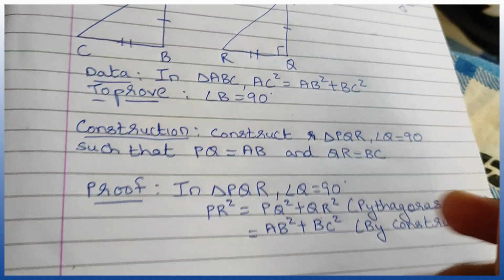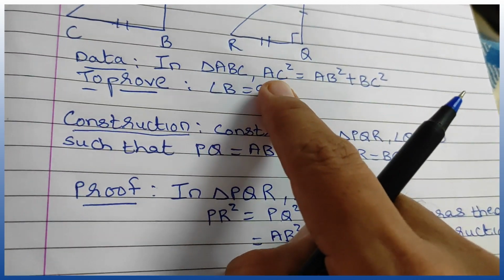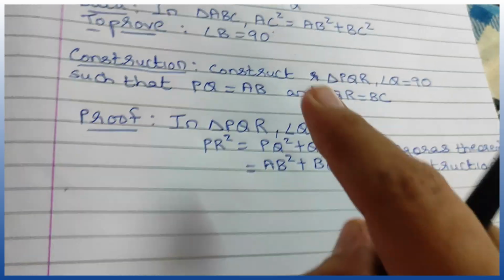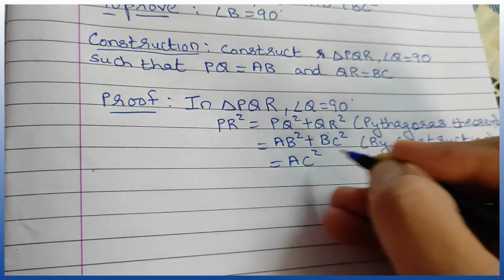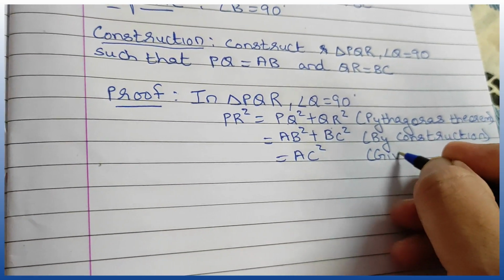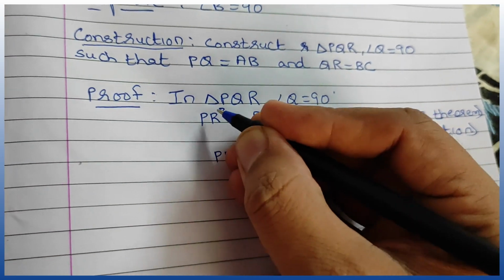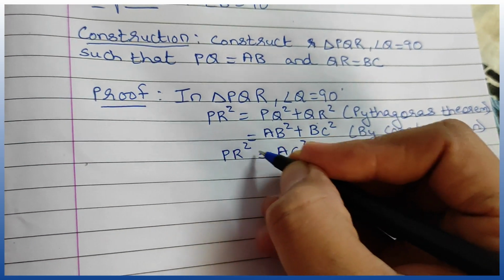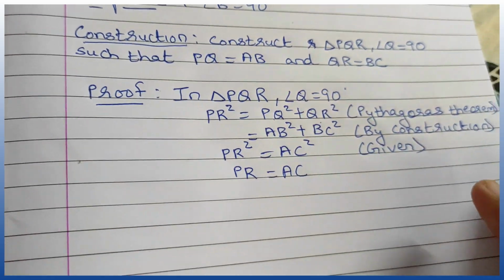Now students, if you have a look at the data, it is written AB² + BC² is equal to AC². This is given. So AB² + BC², we can take as AC². Reason: given. So in short, we have proved that PR² is equal to AC². Squares cancel, so PR is equal to AC.